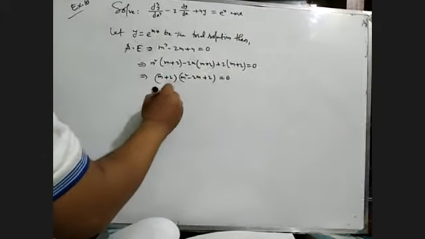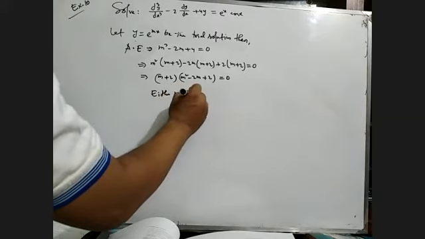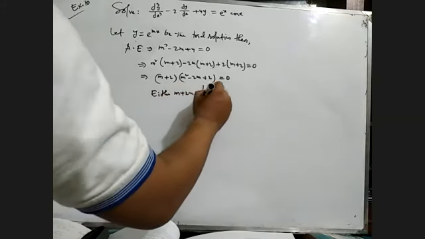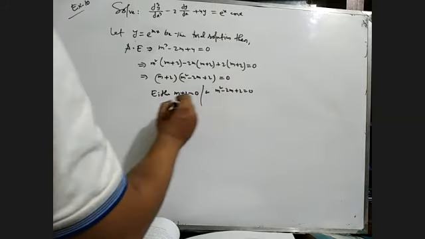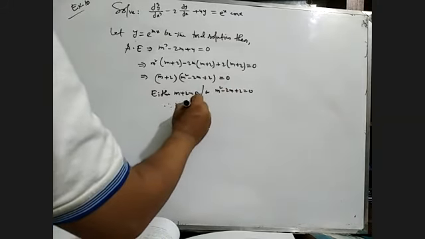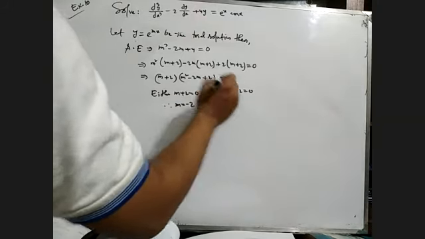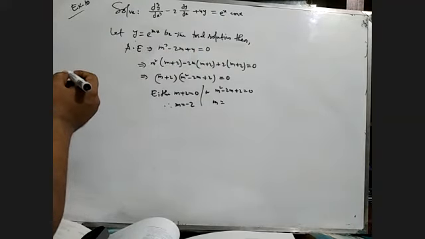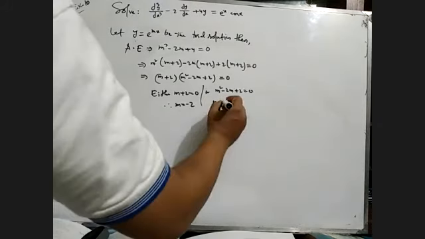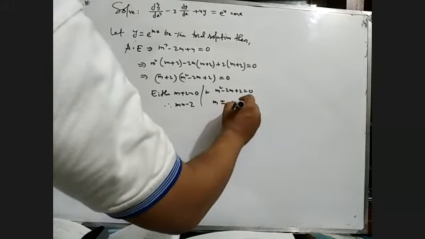So either m plus 2 equals 0 or m square minus twice m plus 2 equals 0. Therefore m equals minus 2, and there will be two complex roots, m equals 1 plus minus i.